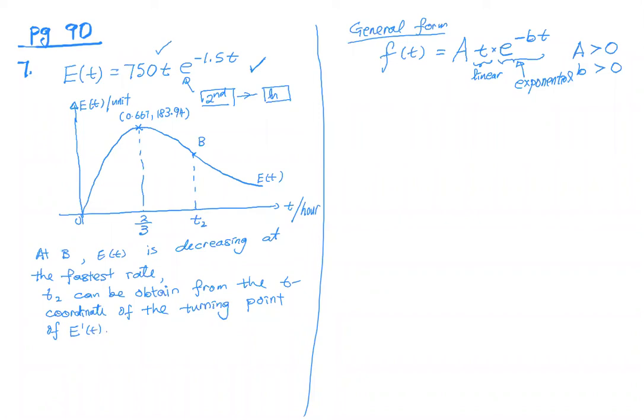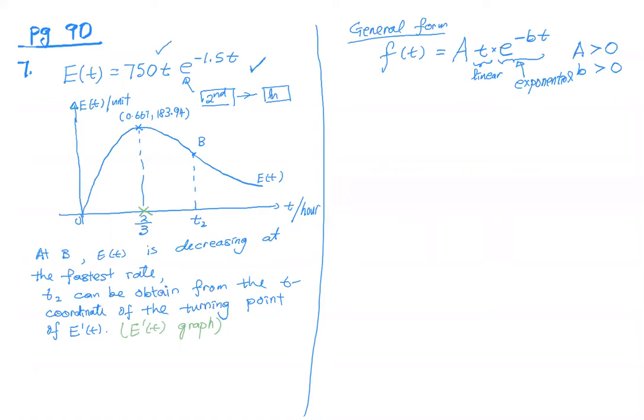So my E prime T graph, I'm going to sketch it for you to see. And you tell me whether what I sketch is correct or wrong. So my E prime T graph has the x-intercept here, correct? Please respond.